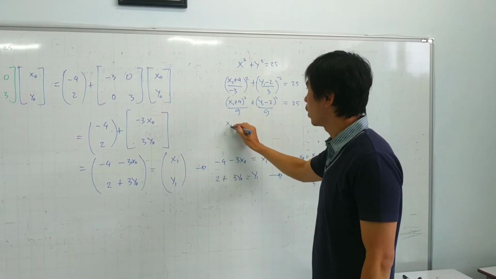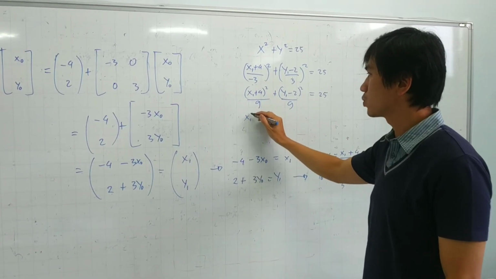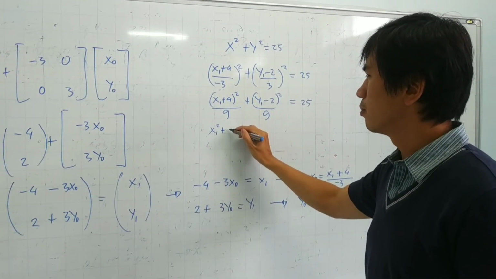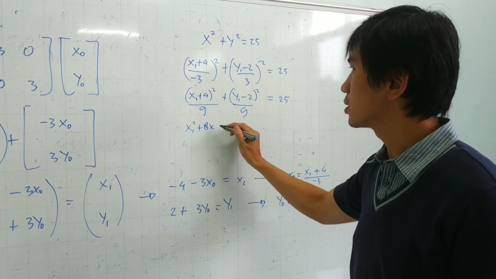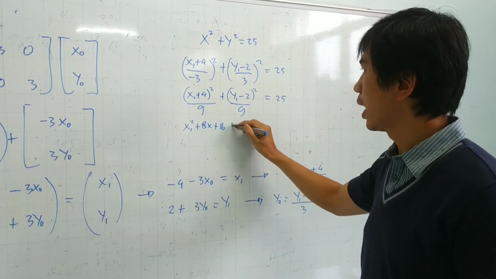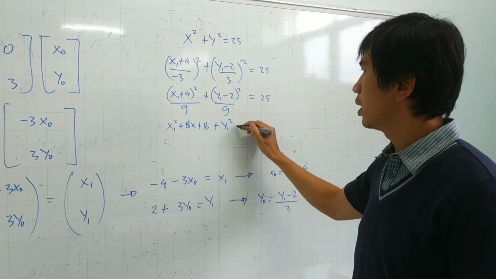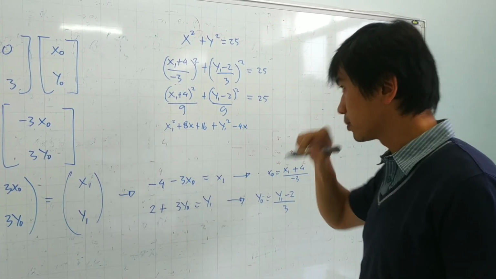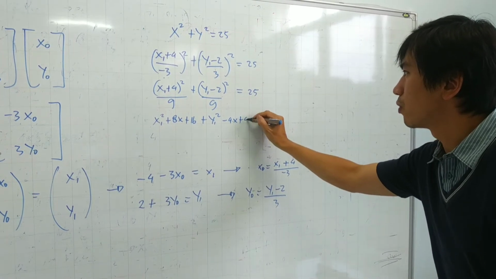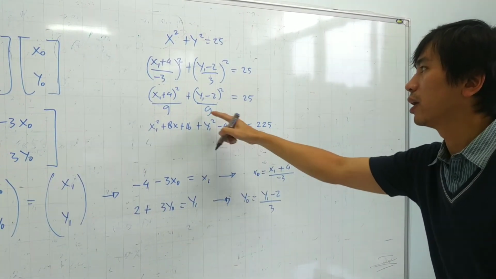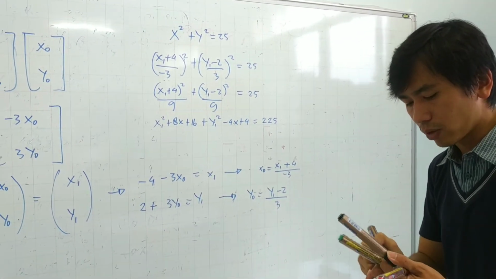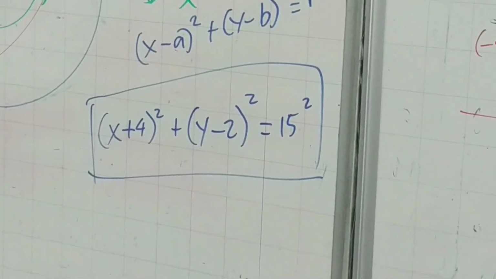We'll get x1, while expanding this one, this will be x1 squared plus 8x plus 16 added with y1 squared minus 4y and then plus 4 equal with 225. Why? Because you times 9 on both sides. Okay, yeah, so I'll put a remark here, times with 9 on both sides.